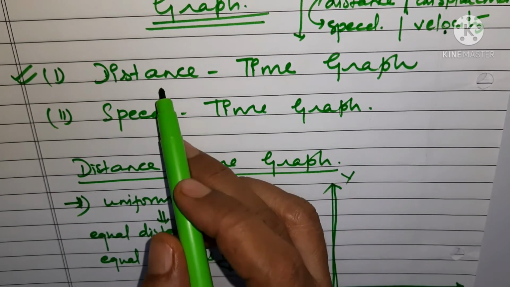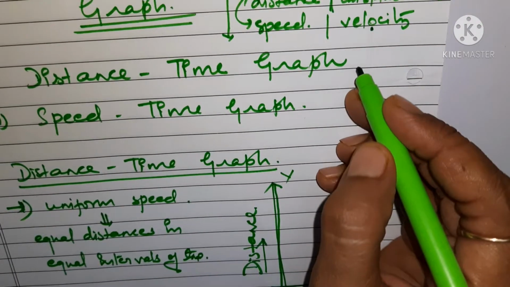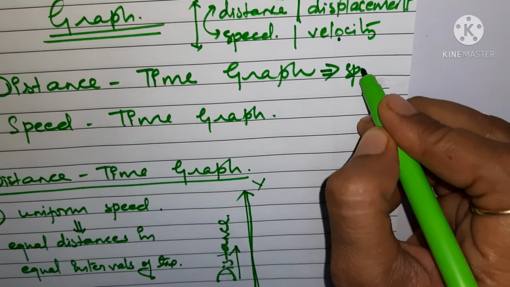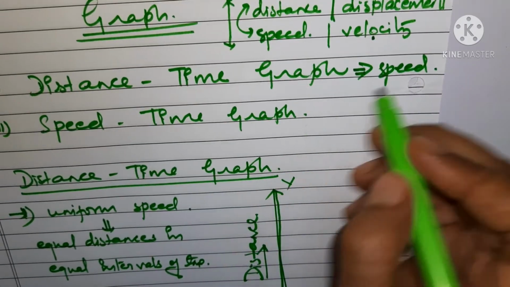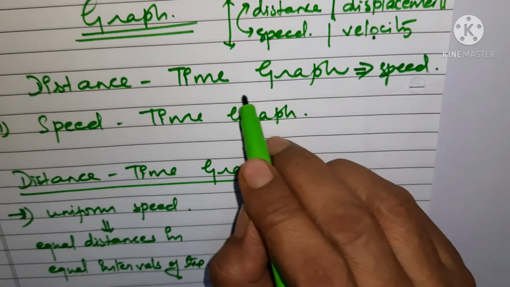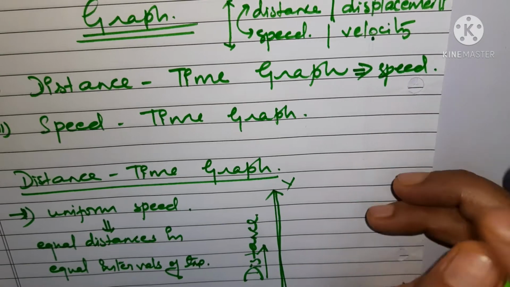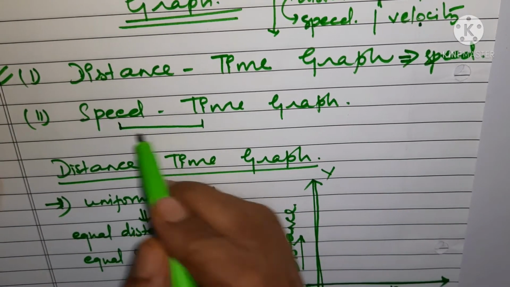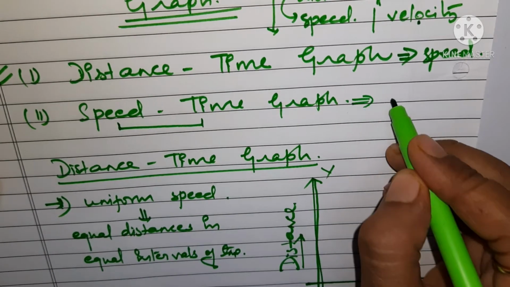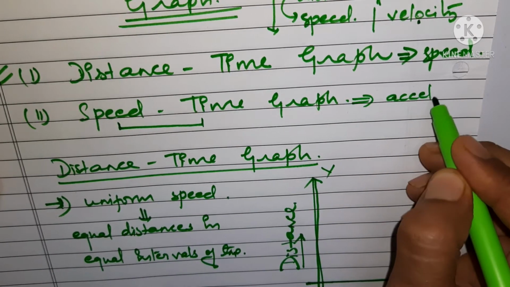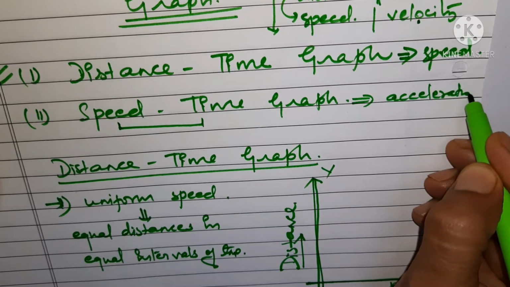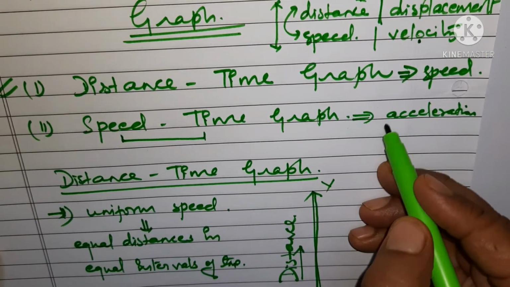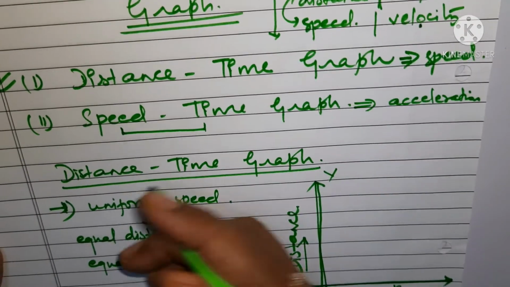The distance time graph will provide you the speed, or you can calculate your speed through this type of graph. With the speed time graph you can find out the acceleration. Many things are there; this we will study in the next session.